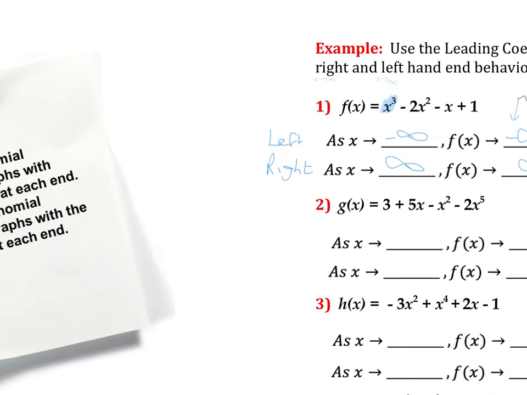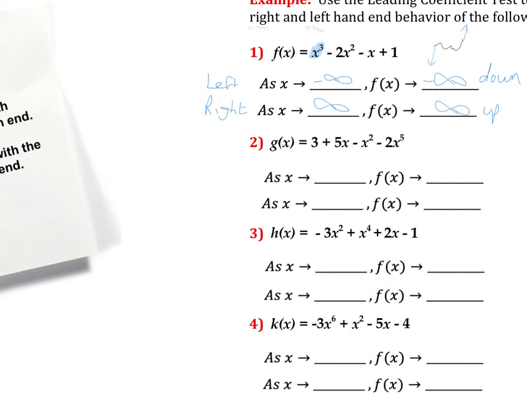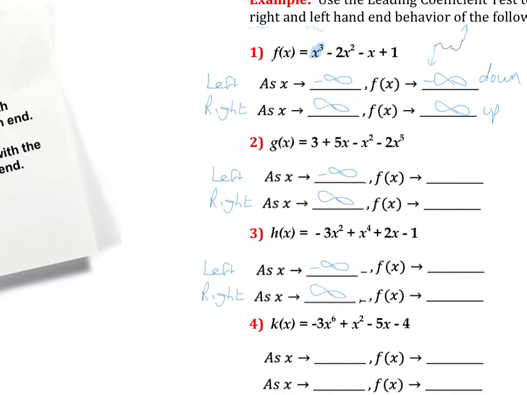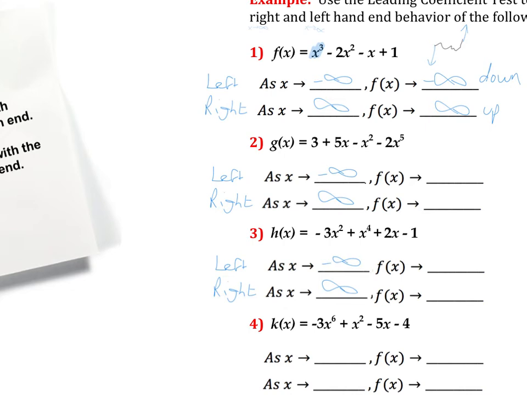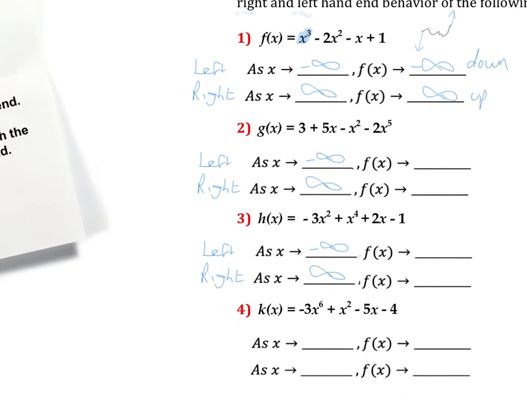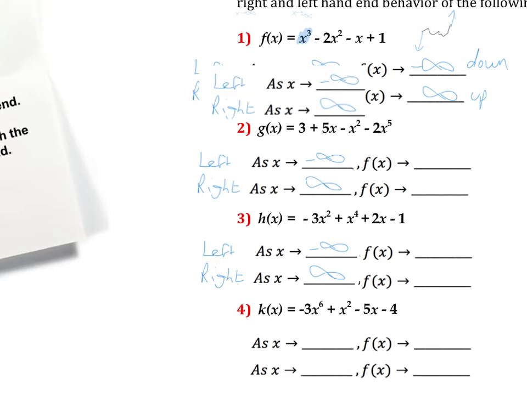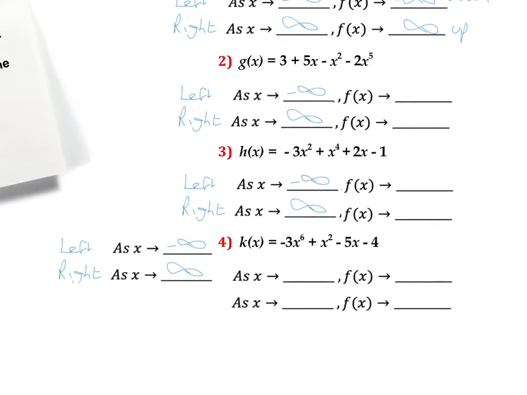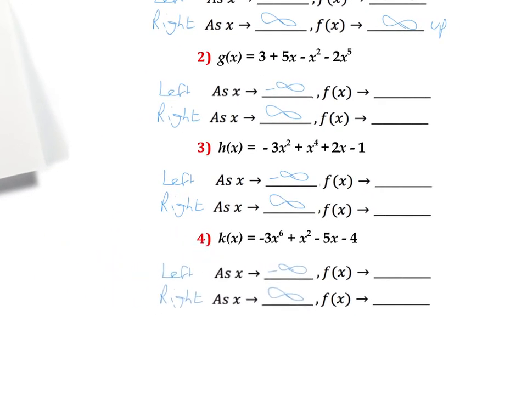With that being said, I'm going to be a little bit lazy, and I'm just going to copy paste this stuff over to save myself some writing. All right, so now that that's out of the way, let's carry on.